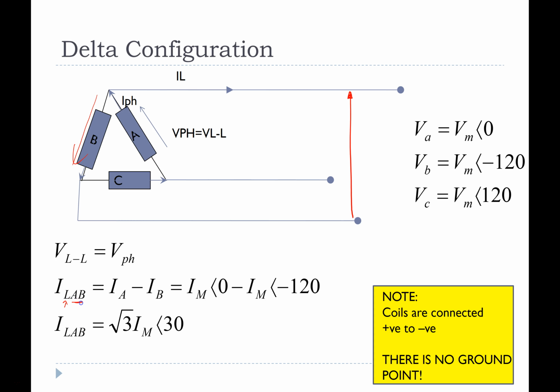Now in reality we will say that this is I line A, so you just call it IA.